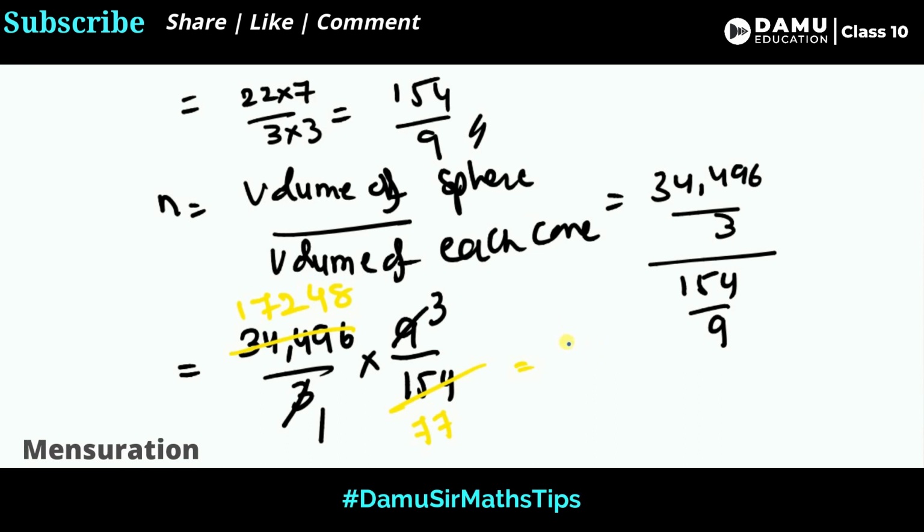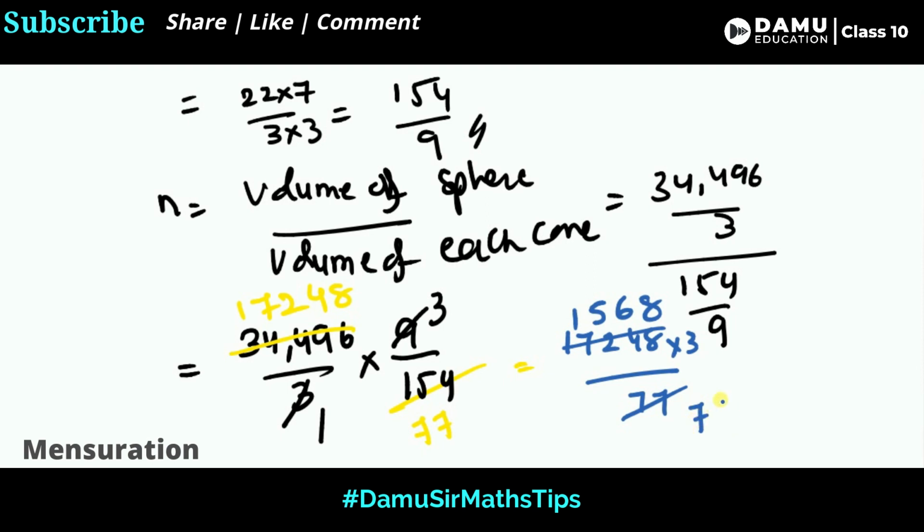Let's write this one, 17248 into 3 by 77. 11 sevens are 77, 11 ones are 11, and so on, and again we get 1568. Again, is there a possibility to cancel with 7?